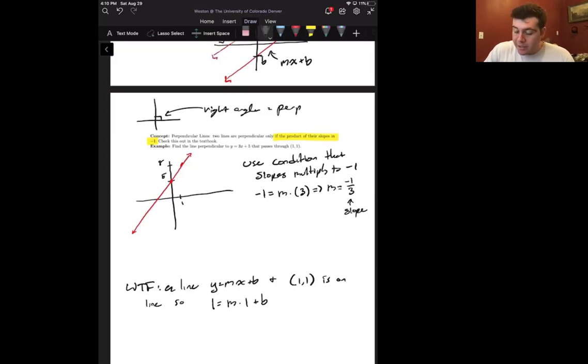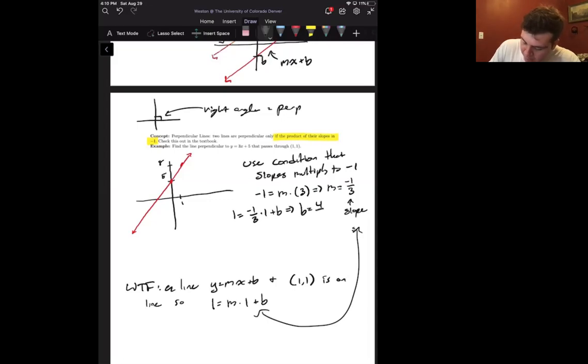Now what we're going to do is take this m and plug it in to this equation, and then we'll be able to find b. We'll have that 1 equals -1/3 times 1 plus b, which tells us that b equals 4/3.